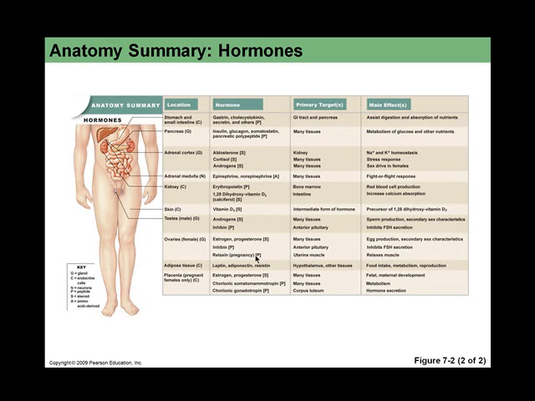Relaxin during pregnancy is released. It is a peptide having effects on the uterine muscle to relax it, to contribute to the pregnancy, sustaining the pregnancy. The adipose tissue is a major cellular endocrine tissue, and leptin, adiponectin, and resistin are very potent hormones produced by fat cells, adipocytes, targeting the hypothalamus and other tissues.